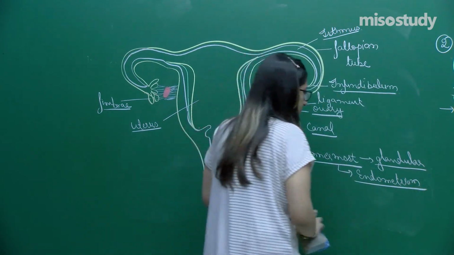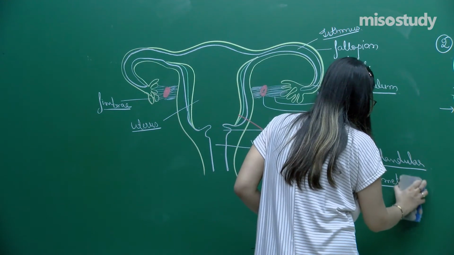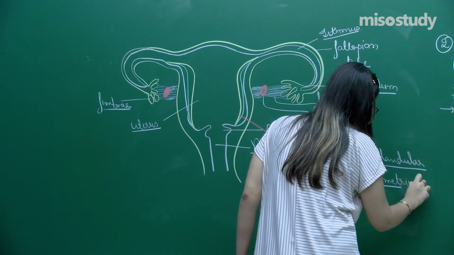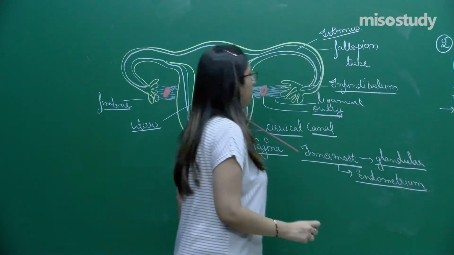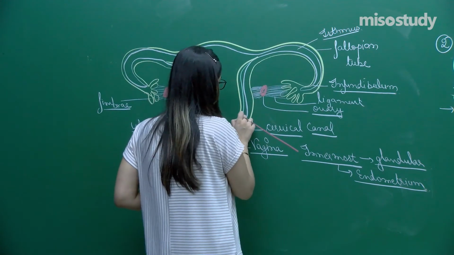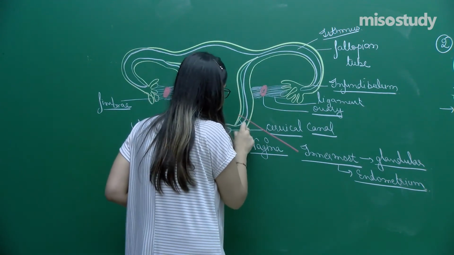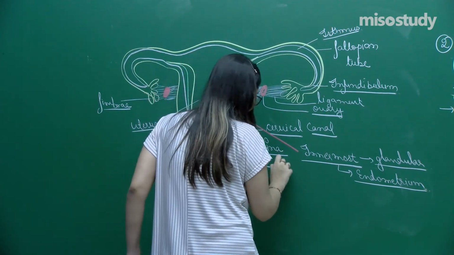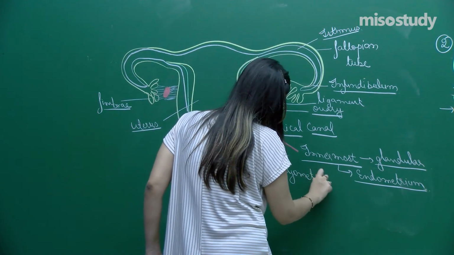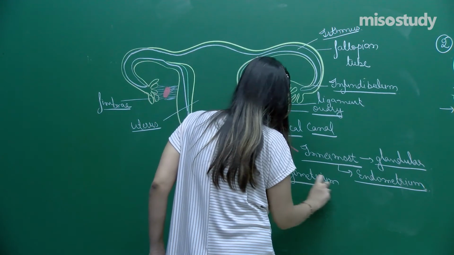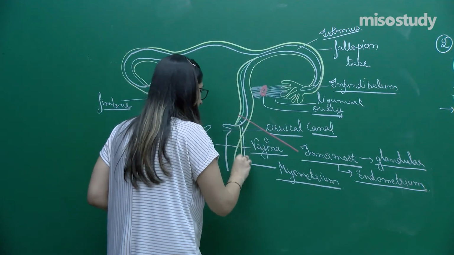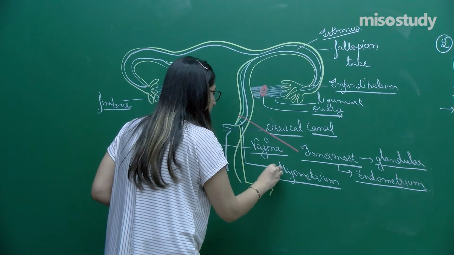Endometrium. Below endometrium, myometrium is present. So this I am labeling as myometrium. After that, one more last layer is called as a perimetrium.